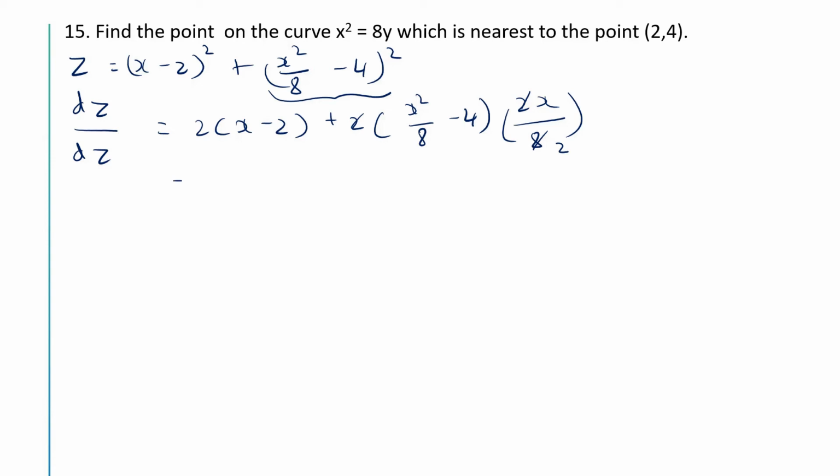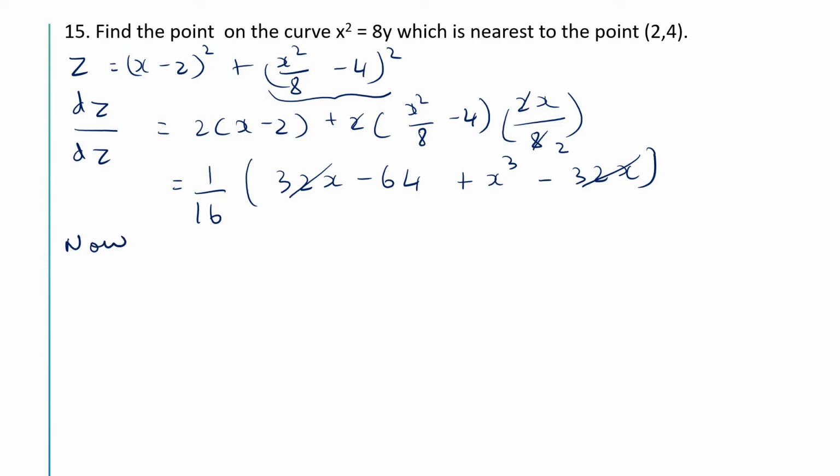Or this is equal to 1 by 16, where 16 is the LCM, so I am taking it outside. So here it is 32x minus 64 plus x cube minus 32x. So these two will go and we have 1 by 16 into x cube minus 64.